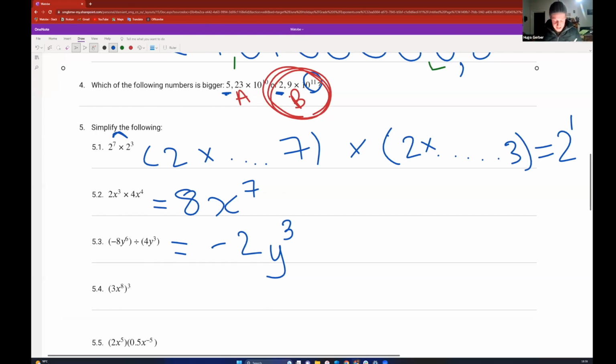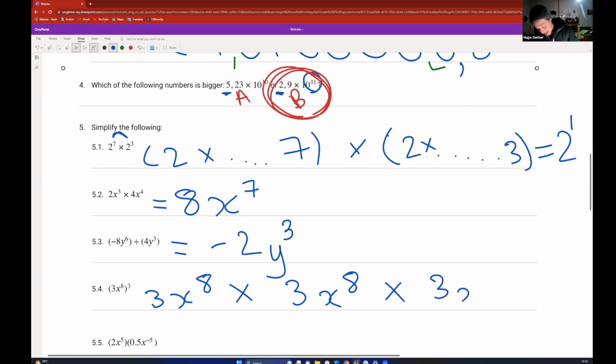Now, I'm going to write this out, and then maybe some of you will see the answer more clearly. 3x to the power of 8 multiplied by 3x to the power of 8 multiplied by 3x to the power of 8. Is this starting to look familiar? I hope it is. For those that weren't sure about this, please go ahead and recalculate.